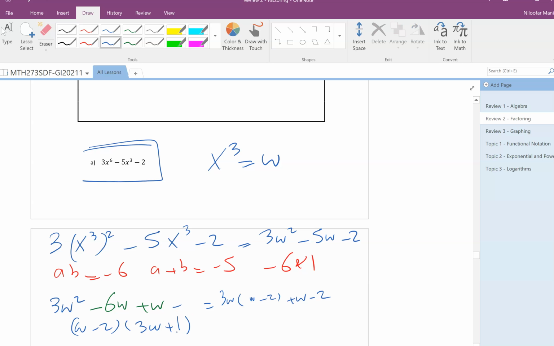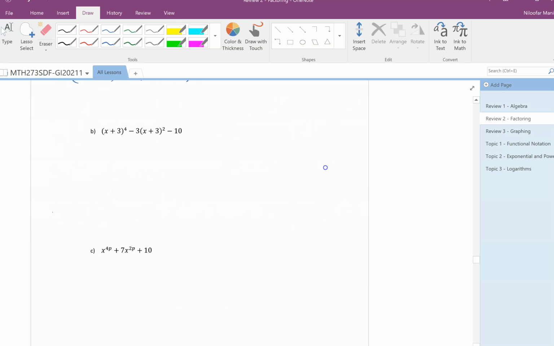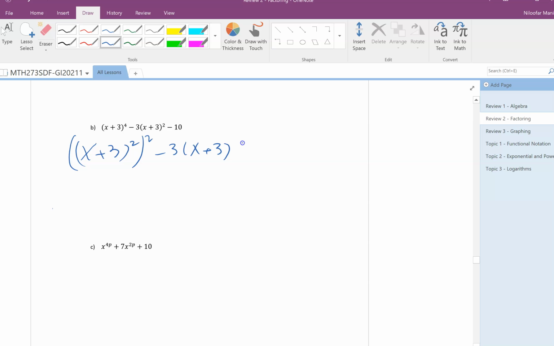Okay, that's great. So now I continue. I see power 4, but I see this is x plus 3 squared minus this, minus 10. Okay, let's do it. So I set x plus 3 squared equal to w.